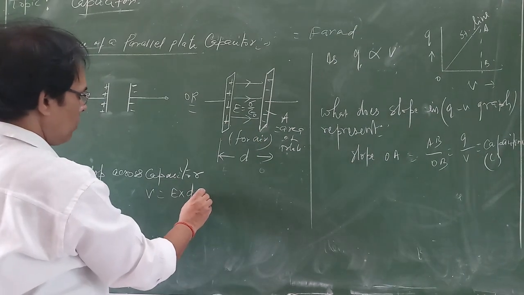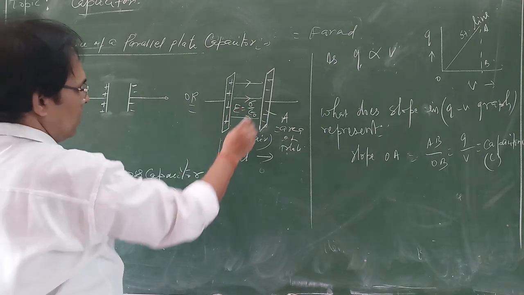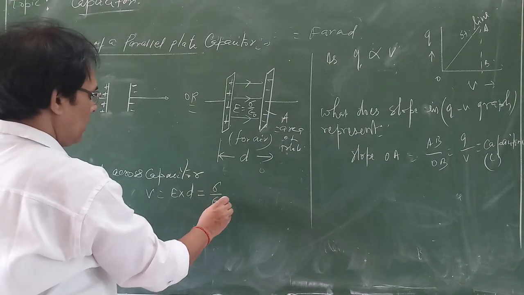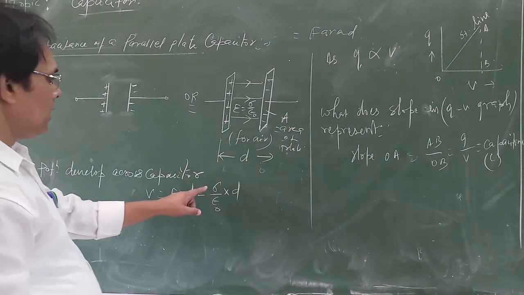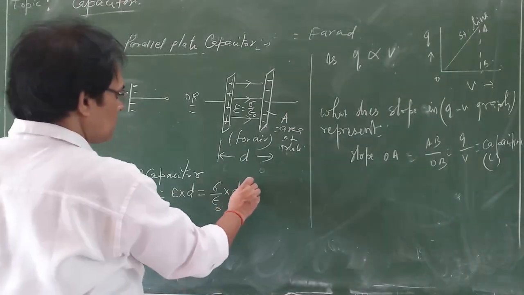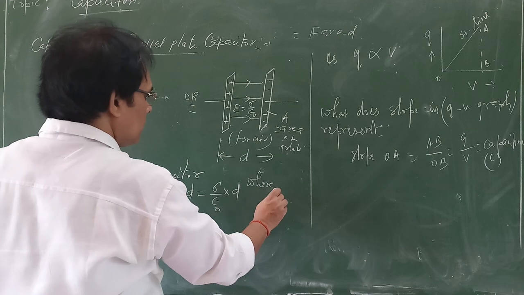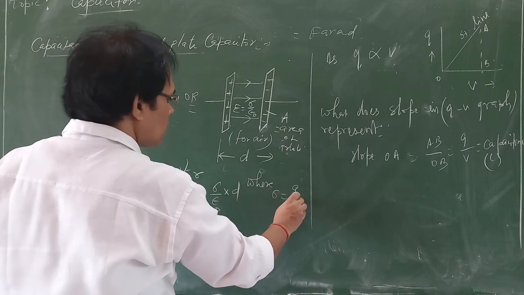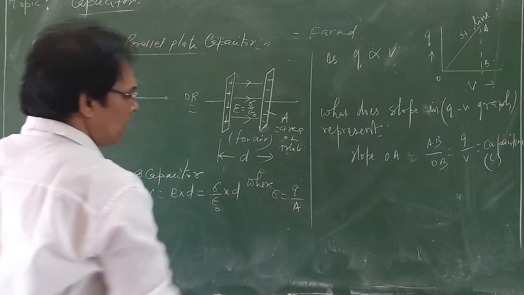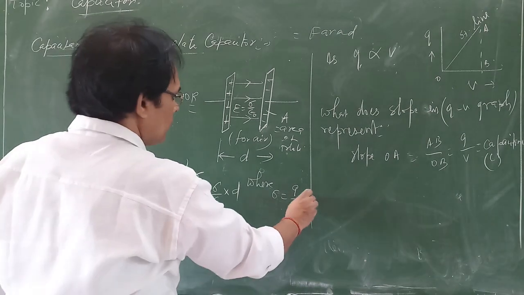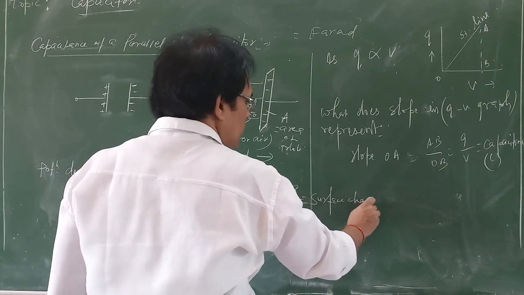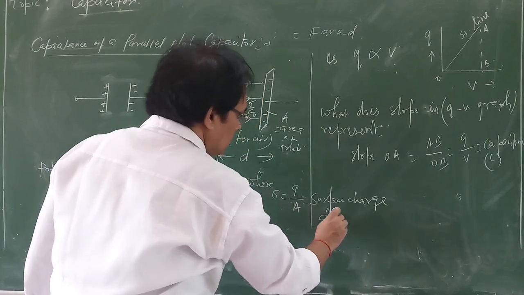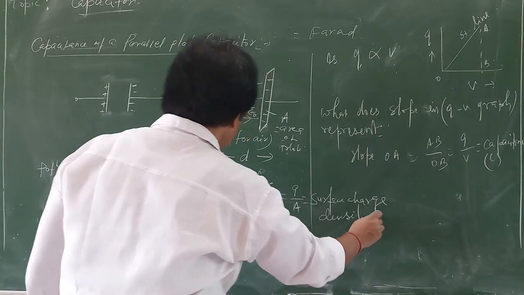Put the value of the electric field, E equals sigma by epsilon naught, so V equals sigma by epsilon naught into D. Sigma is the surface charge density, where sigma equals charge per unit area.